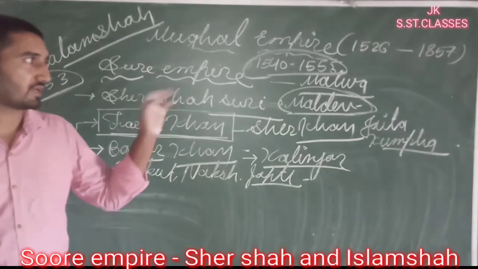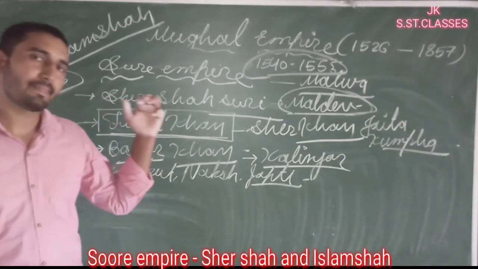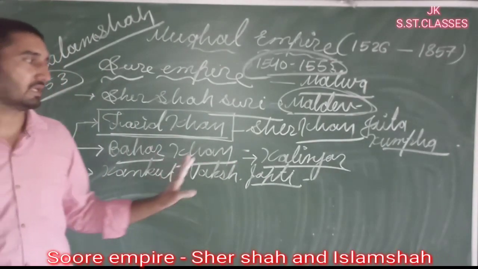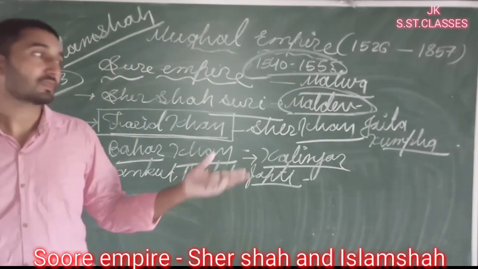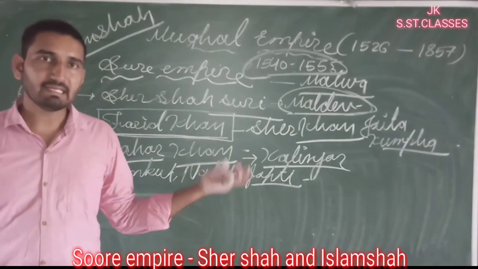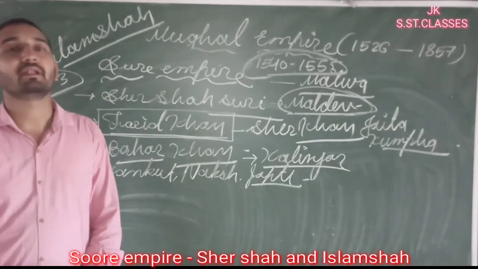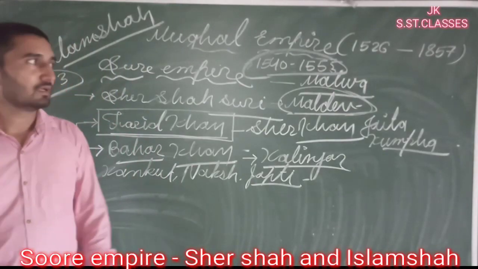Soore dynasty was founded by Farid Khan, Sher Khan or Sher Shah, who died in 1544 in the Battle of Kalinjar due to explosion of gunpowder. Is that clear? After the death of Sher Khan, Alamshah became the next ruler. Okay guys, is that clear?